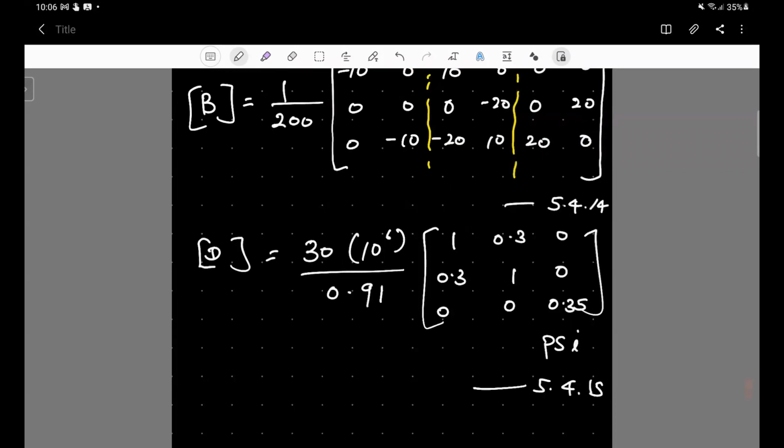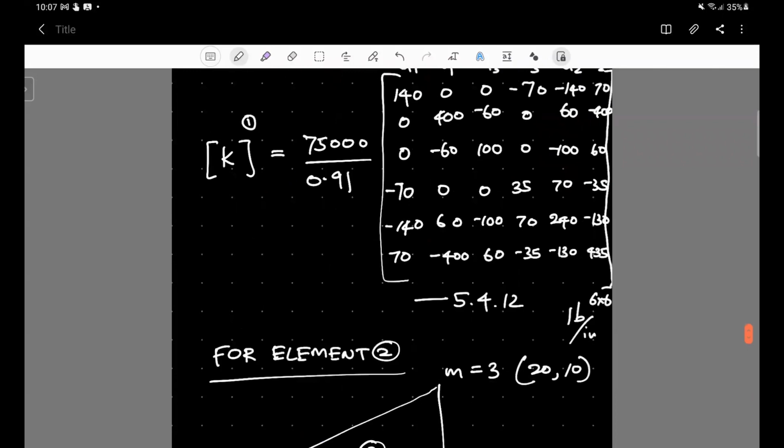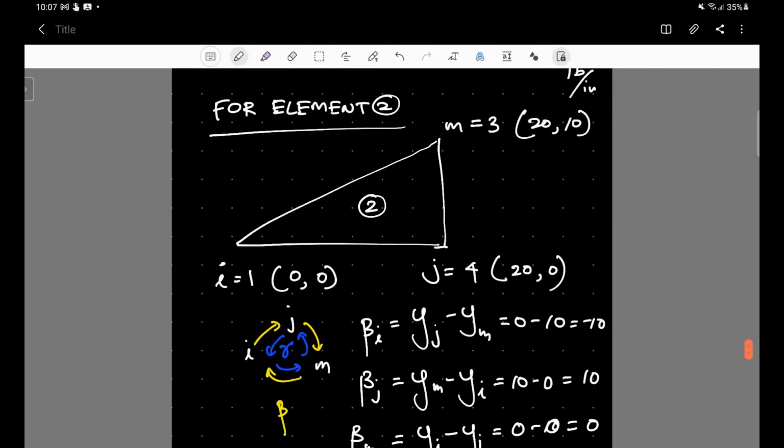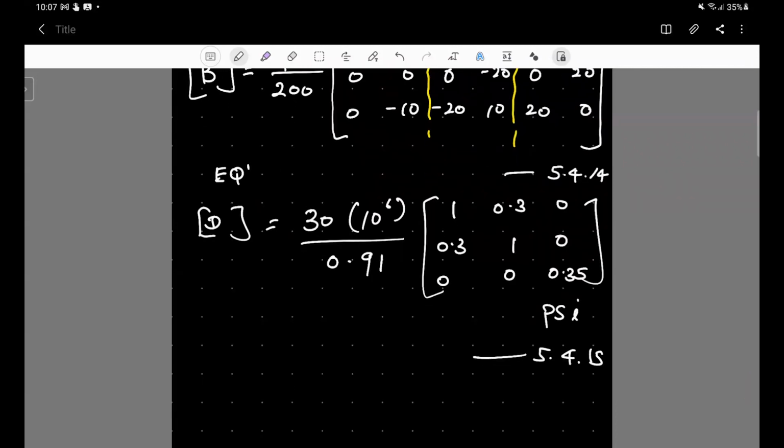For this, I use equation 5.4.7. You can use equation 5.4.7 again, just like you did for element number 1, to obtain the D matrix.